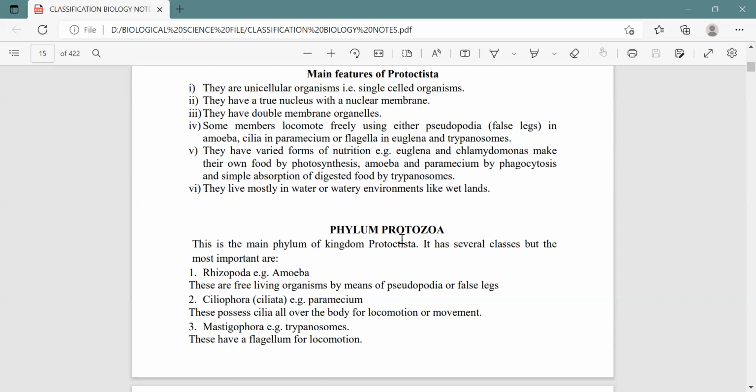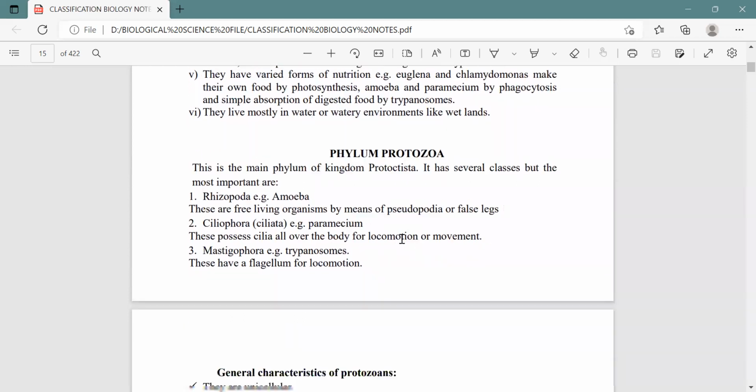In trypanosomes, like those which cause trypanosomiasis, and nagana, sleeping sickness, those carried by tsetse flies, they feed by simple absorption of digested food from their hosts. Another and last characteristic, these organisms mainly live in water or in damp environments.